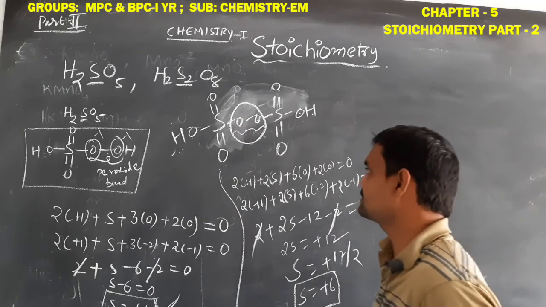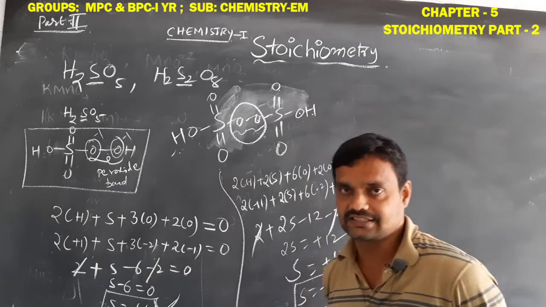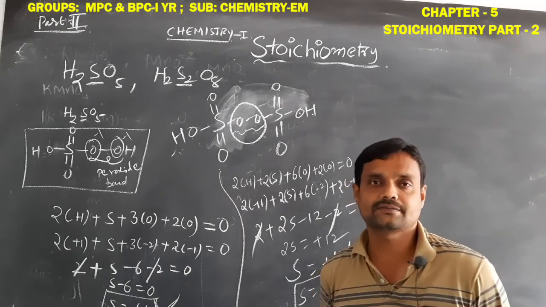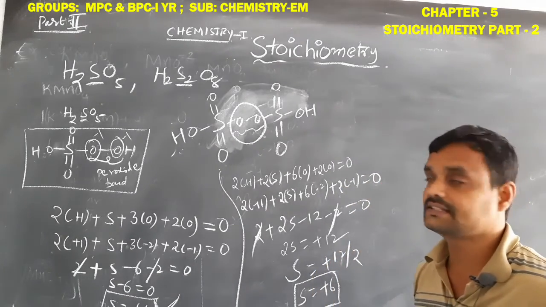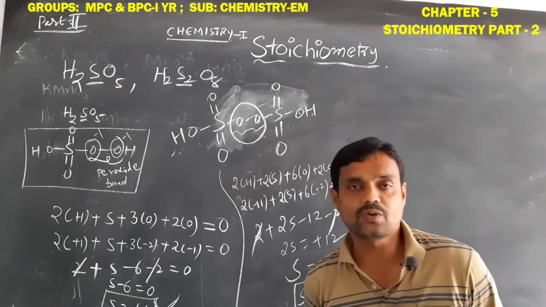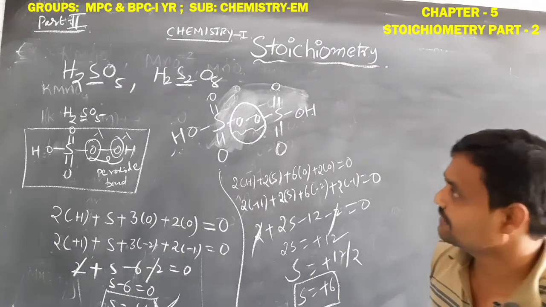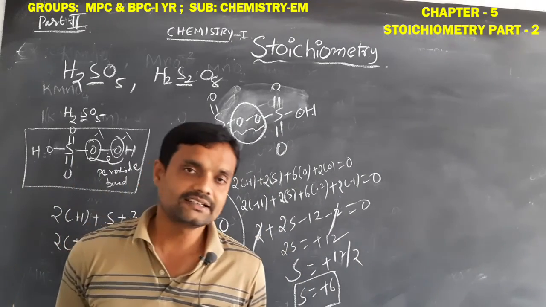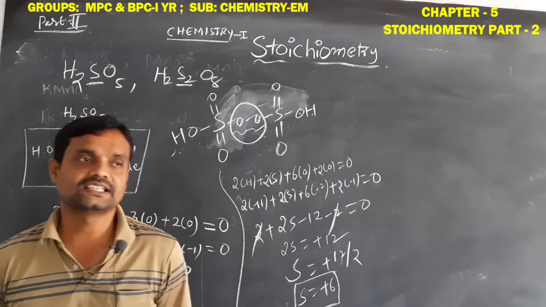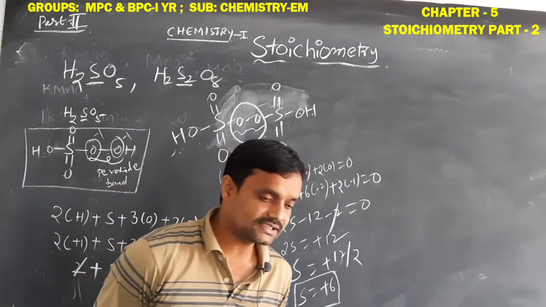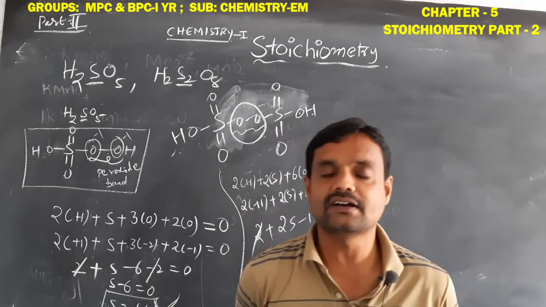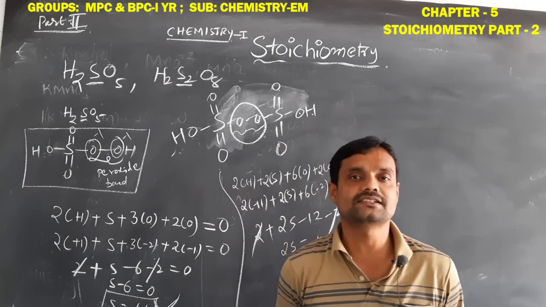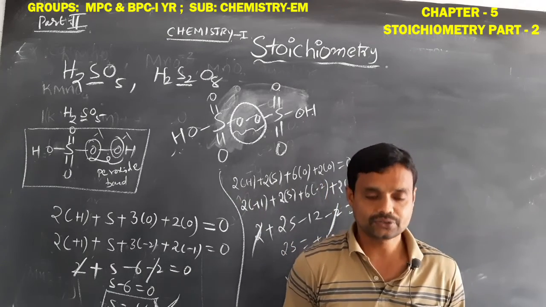So in H2S2O8 also, when we observe the geometry, its structure, 2 oxygen atoms are involved in the peroxide bond. The remaining 6 oxygen atoms are involved in the normal covalent bond. So this is the special case. So these are the special cases. That means in most of the compounds, nearly 90 to 95% of the compounds, oxygen is involved in the normal covalent bond. Then here we take the oxygen oxidation number as minus 2.